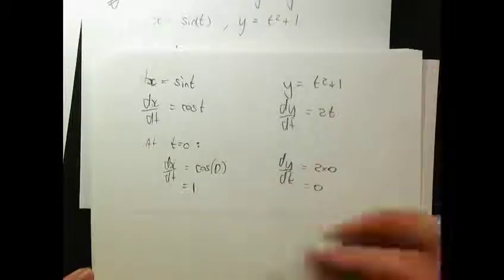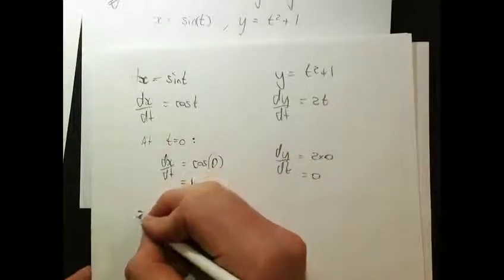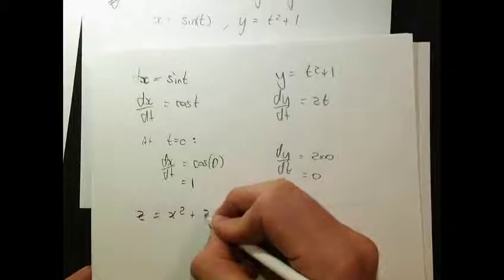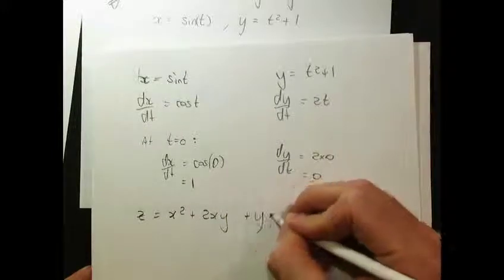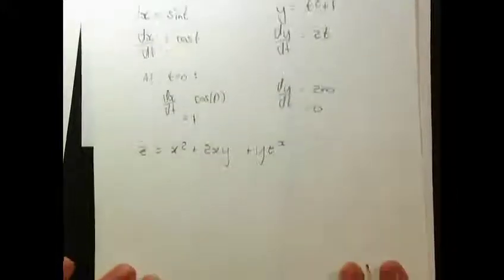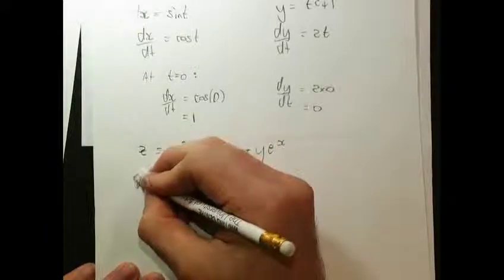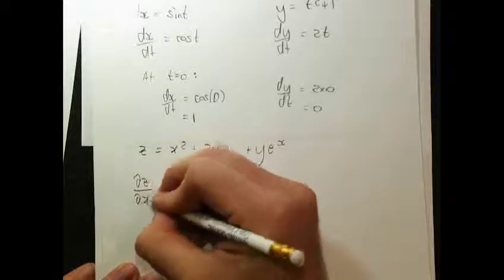Okay, so the next thing I need is dz on dx and dz on dy. So we've got z was equal to x squared plus 2xy plus y e to the x. So let's see, dz on dx.